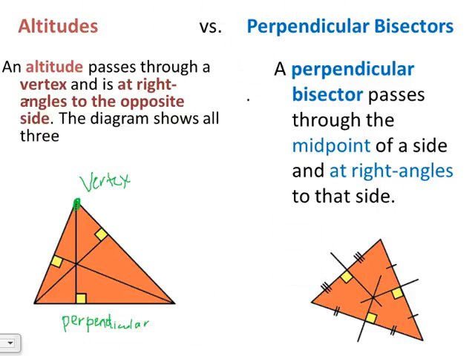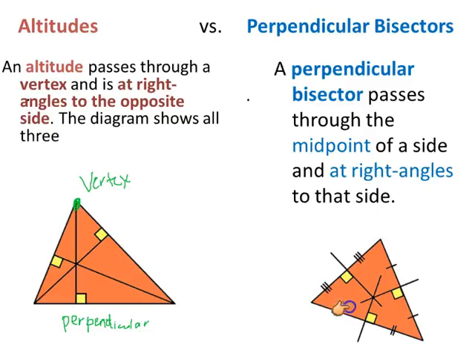Well, let's talk about perpendicular bisectors being a segment in a triangle. To be a perpendicular bisector, we have to intersect at a 90-degree angle, and we have to intersect at the midpoint. So in this case, we're not starting at a vertex.